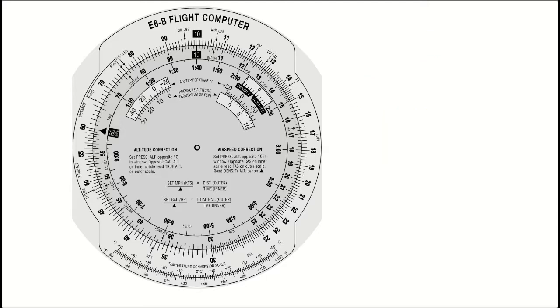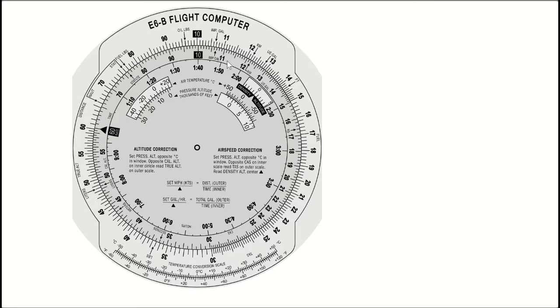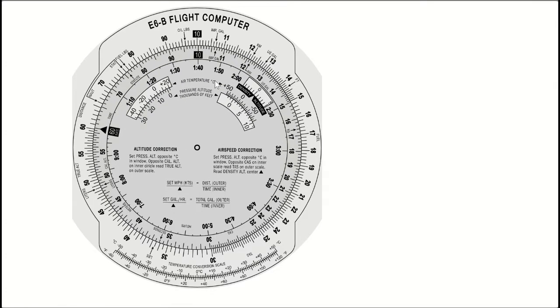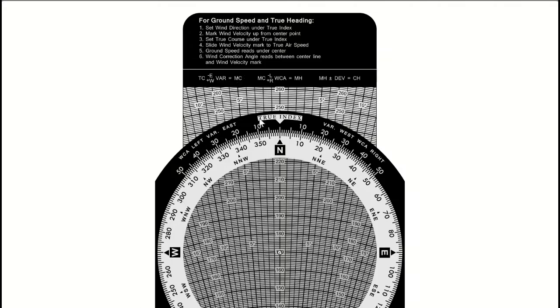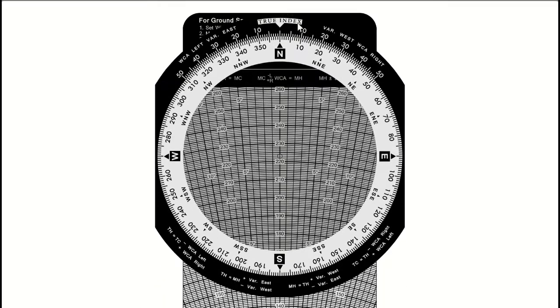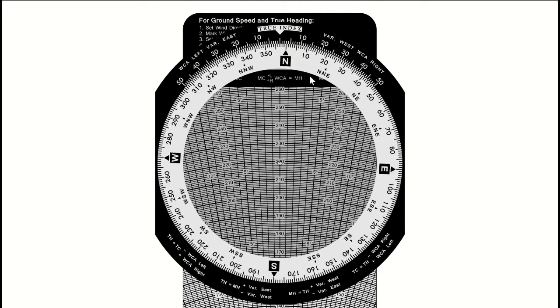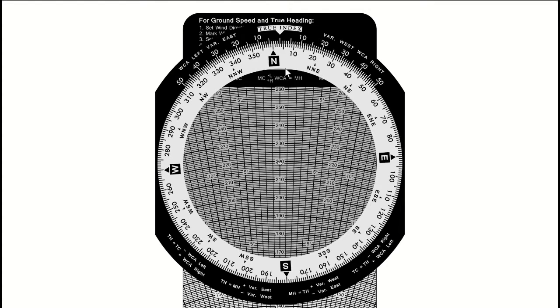Now, basically in this flight computer, there are two sides. One is this side. You have a rotating scale inside, and the outer side is a fixed one. On the wind side, it goes up and down, and you have a rotating dial inside.